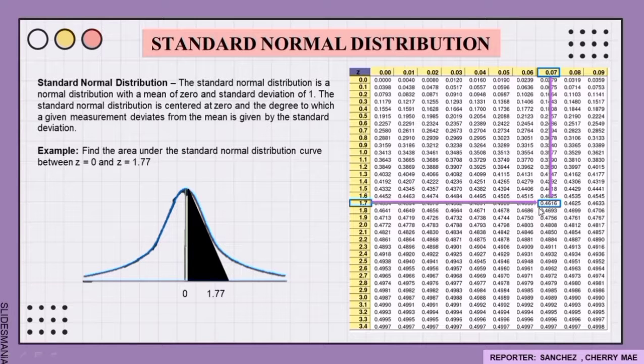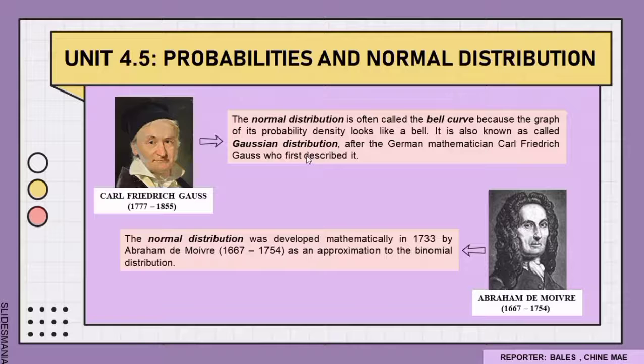So the area is 0.4616, or 46.16%. The area under the standard normal distribution curve between z equal to 0 and z equal to 1.77. So that is the area under this standard normal distribution curve.